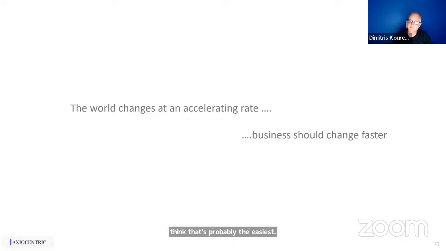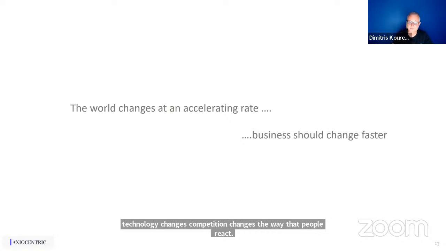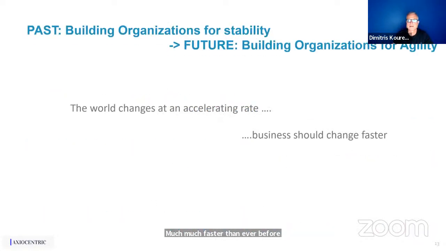We need transformation because technology changes competition, changes the way that people react much faster than ever before. I think we can close this part and go to the next one right now. So again, while in the past we were building organizations for stability, in the future we should try to build organizations that keep changing all the time.